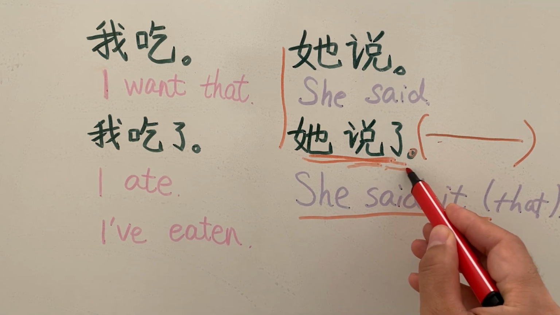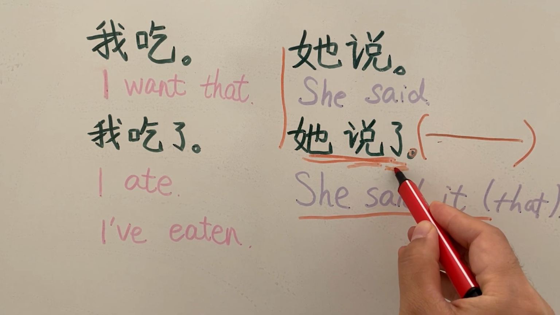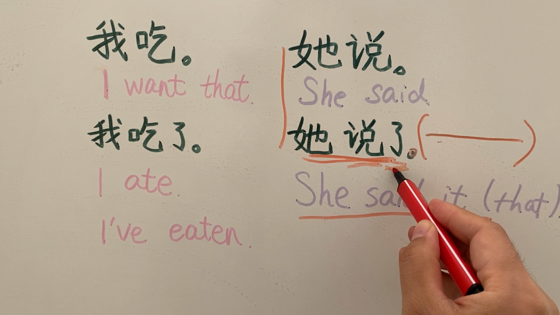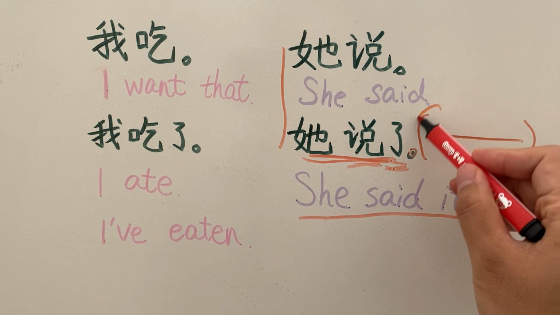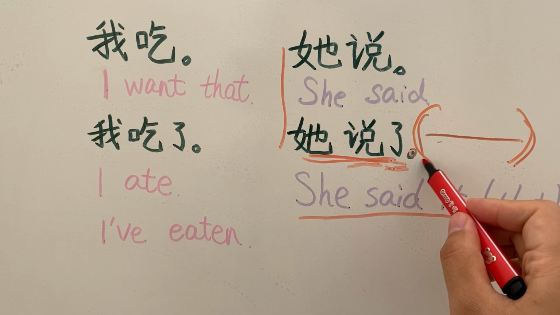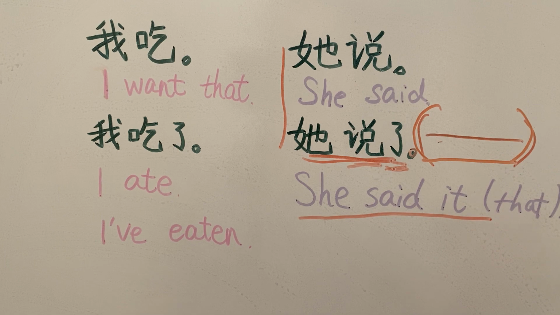So in this situation, this suffix 了 not only indicates that the verb happened in the past, but also indicates that some content should be added following this sentence, right? 她说了, she said what?